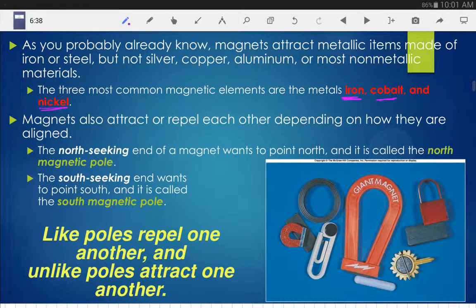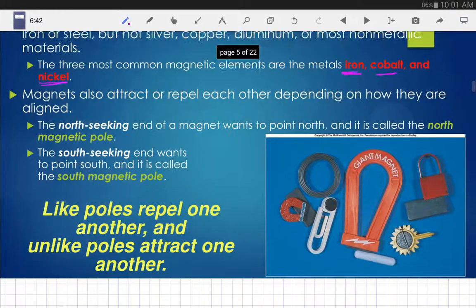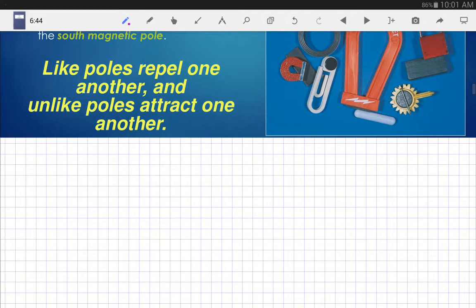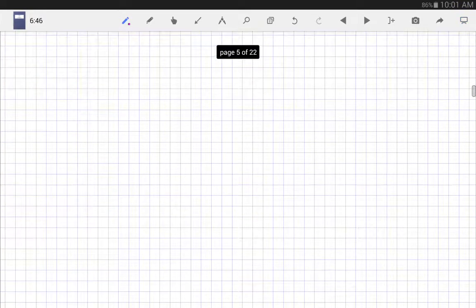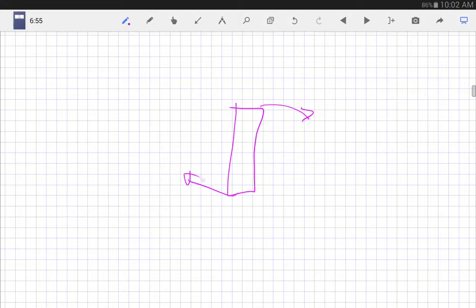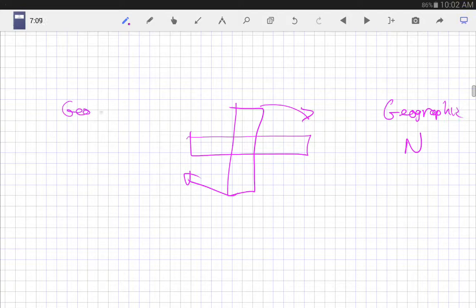Now, how did we get the names north and south for magnets? It came from looking at the action of the compass, which I've put away now. People found that if I took a magnet and put it just so it balances, it will naturally rotate until it's oriented so one side is facing the geographic north and one side is facing the geographic south.